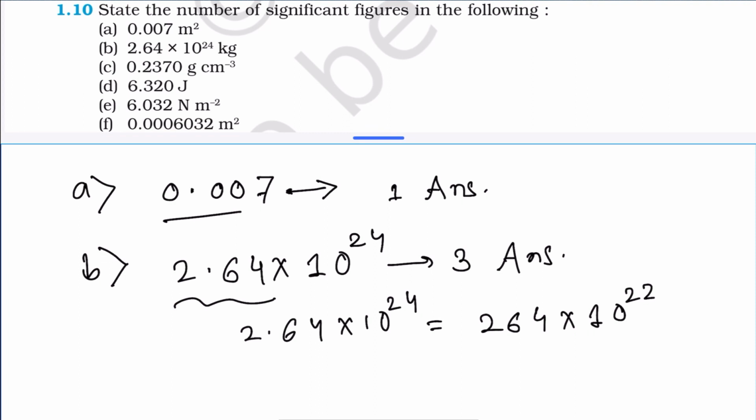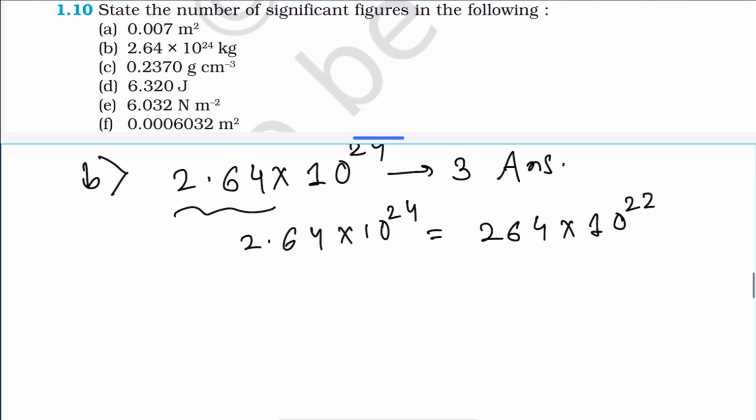Now in question C, see here, left-sided zero. Let me write this first: 0.2370. This is one left-sided zero, I have to ignore it irrespective of the decimal.